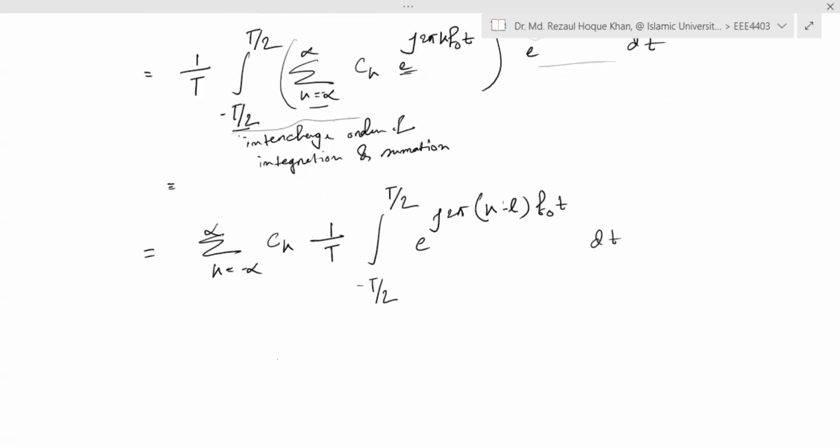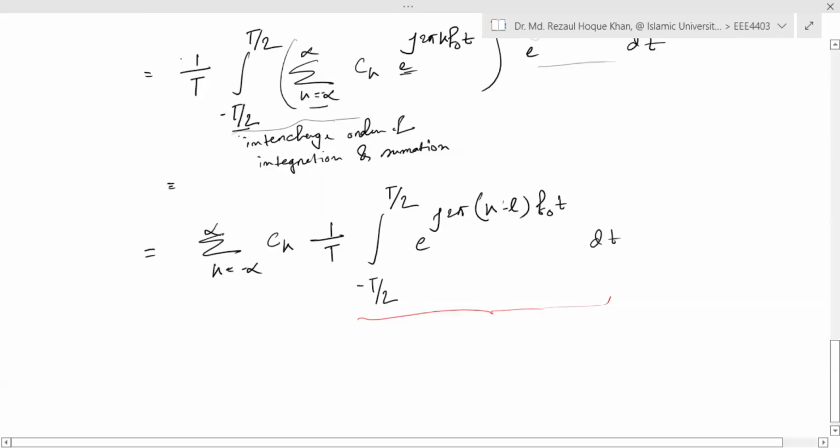Now let us solve only this part. Solving it will give us some idea about the property of this integral.